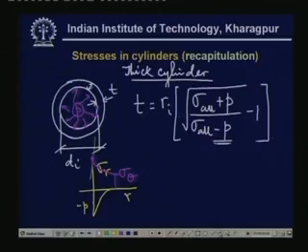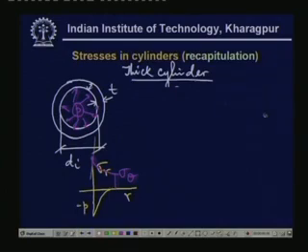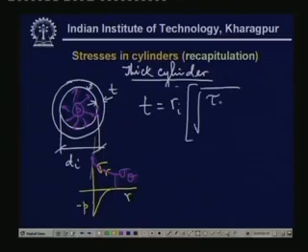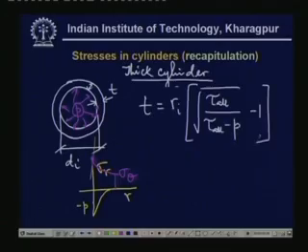Now, if it fails in shear, then of course the situation is different, and the formula is T equal to Ri times under root tau allowable divided by tau allowable minus P, minus 1. So, this is the design thickness.